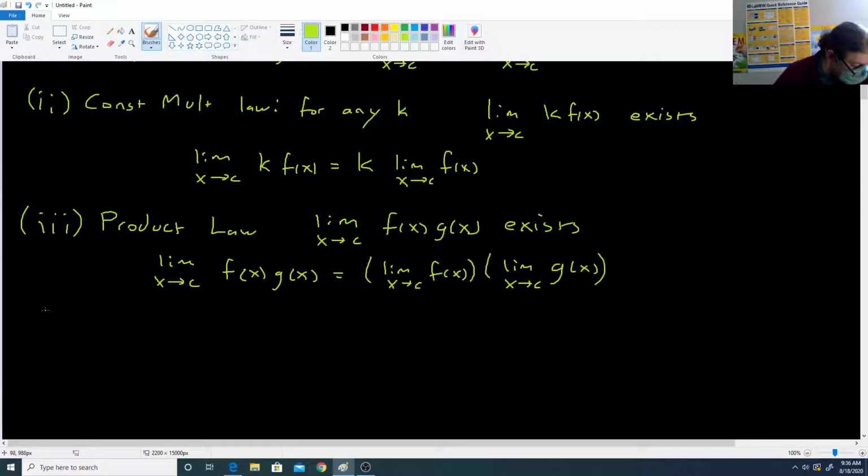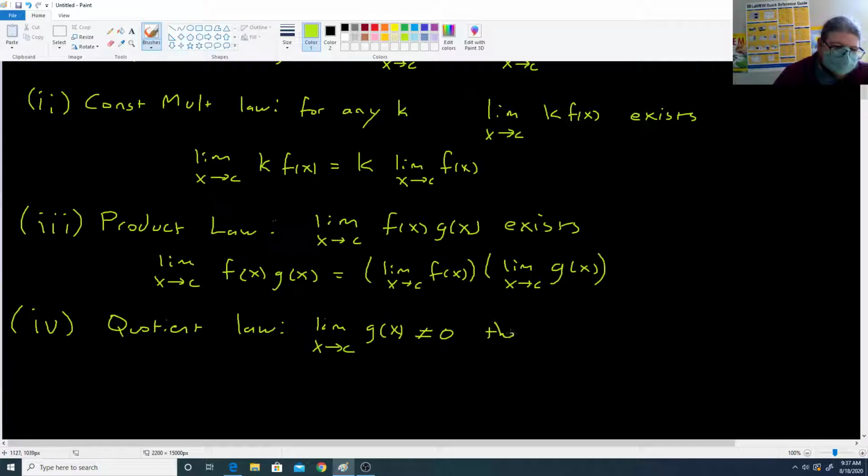So we have two more. The fourth one is the quotient law. In the quotient law, this basically says if the limit as x approaches c of g of x is not equal to 0, then the limit as x approaches c of f of x over g of x exists.